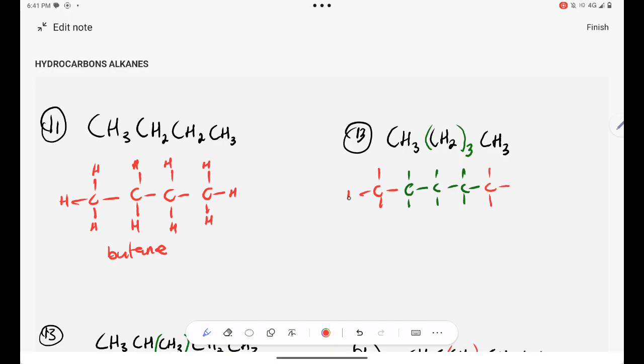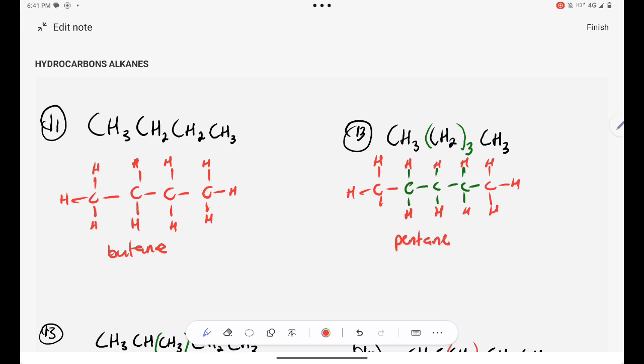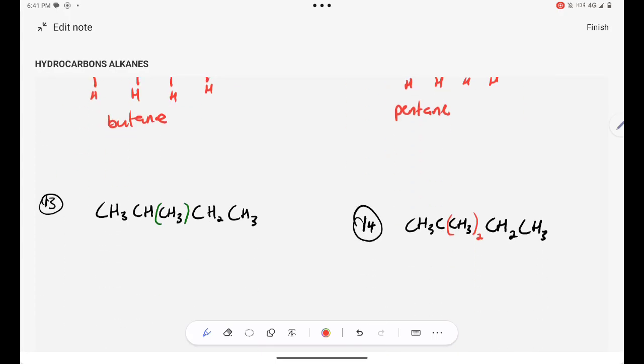All I have to do is to write down the hydrogens. The IUPAC name of this compound, this thing has 5 carbons, so it will be pentane.